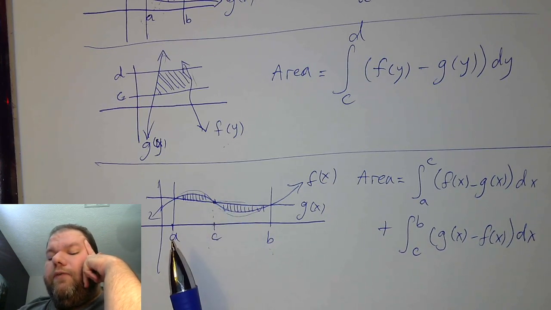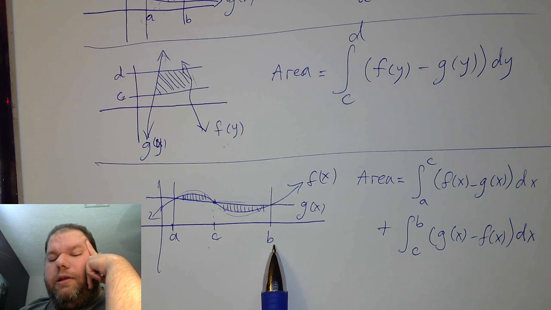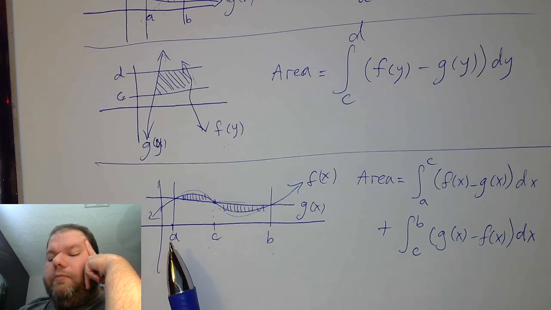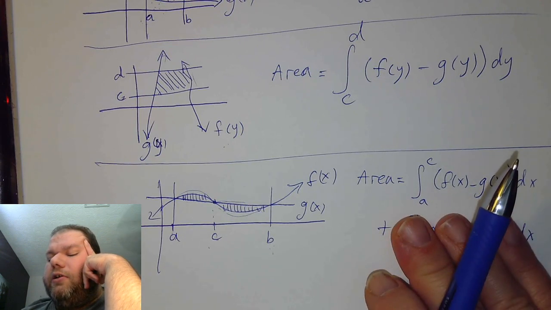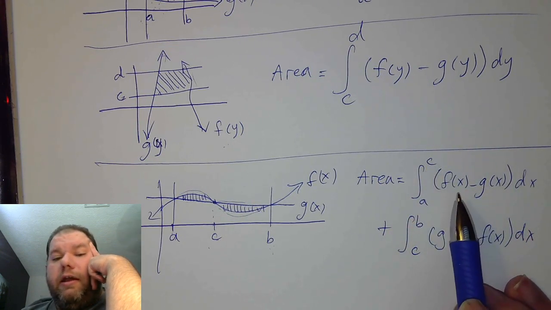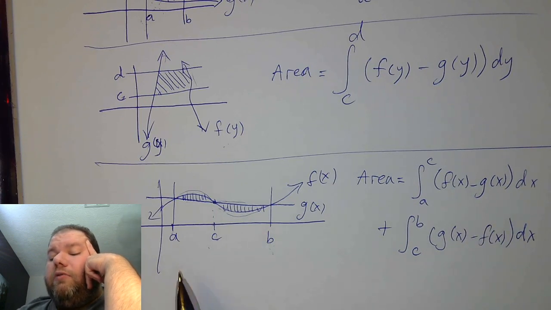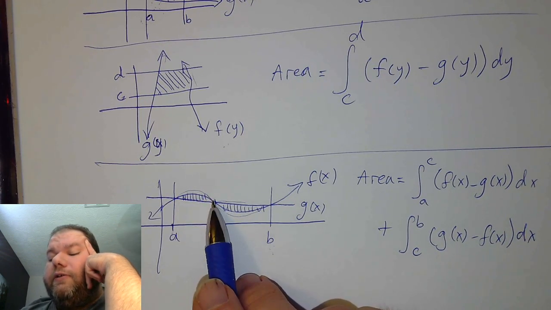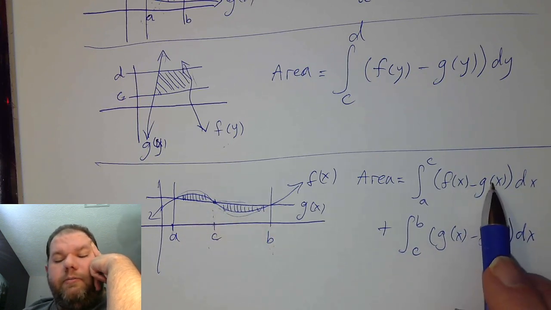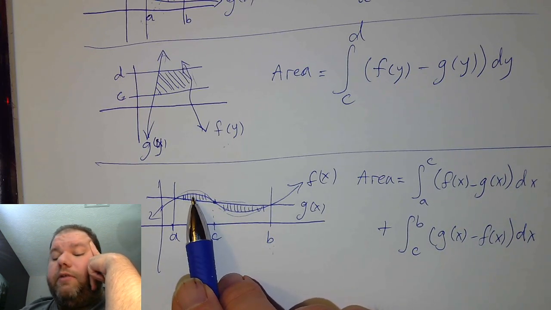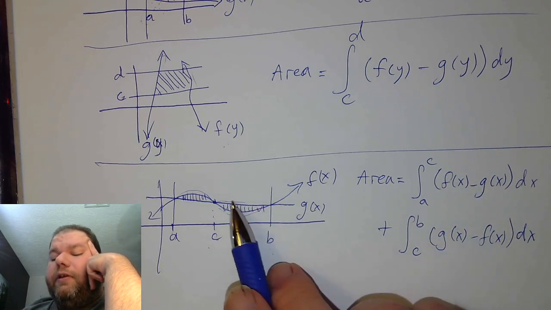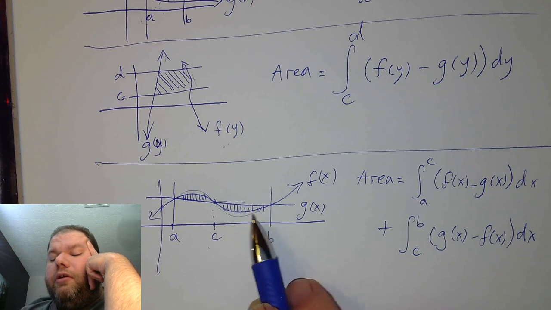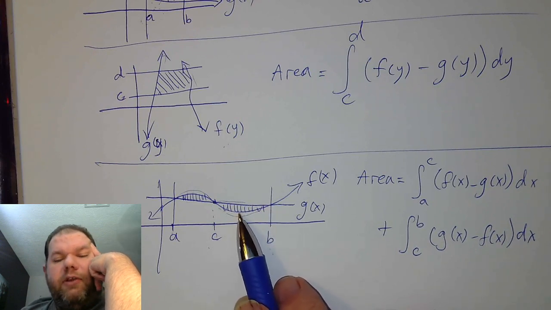Now, if we were to integrate from a to b, in this case, if we didn't do the second integral here, we just integrated from a to b f of x minus g of x, what would happen is where f of x is on top of g of x, if we subtract them, we'll get a positive value for that area. But if g of x is actually above f of x, like it is here, then integrating f of x minus g of x would be a negative number.